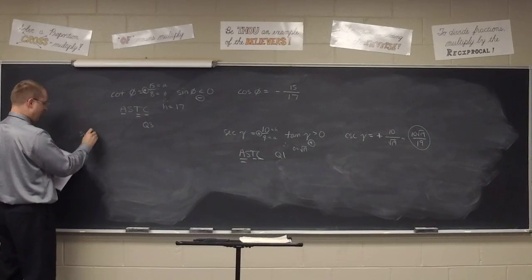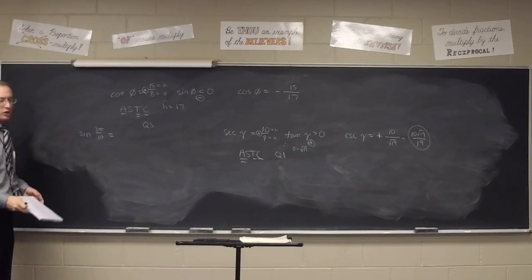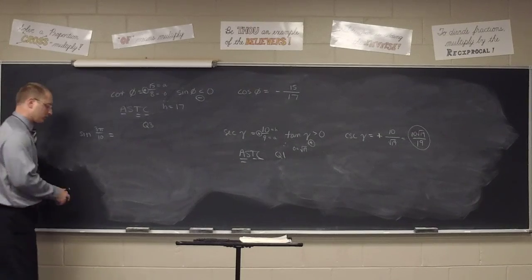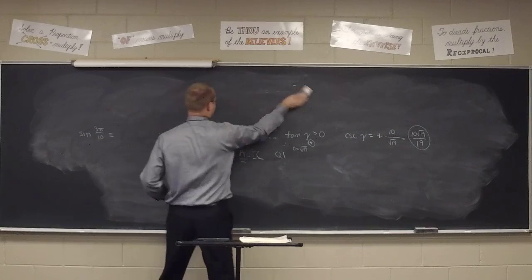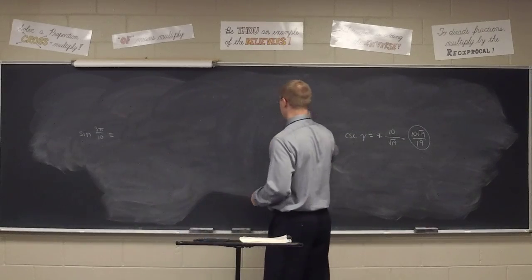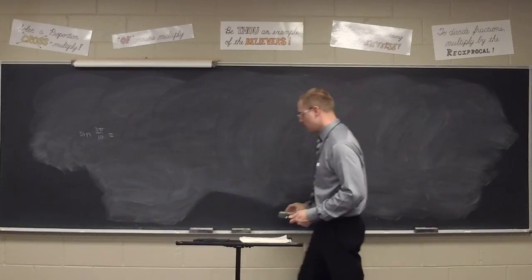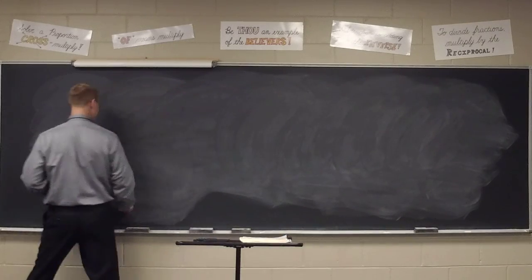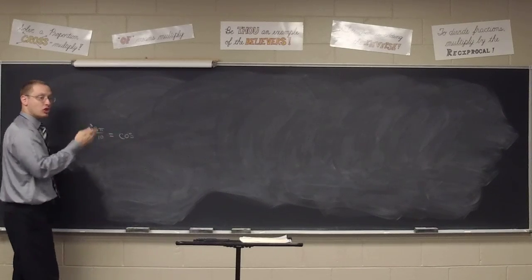Let's suppose we have the sine of 3 pi over 10, and I wanted to rewrite this as the cofunction. Well, to find a cofunction, first of all, we need to change sine to the cofunction, cosine. But we also need to change the angle to its complementary angle. Co-function, co-angle.